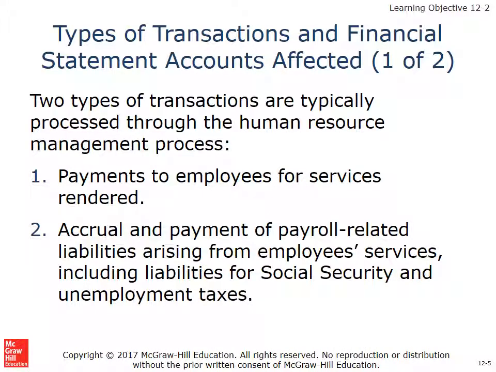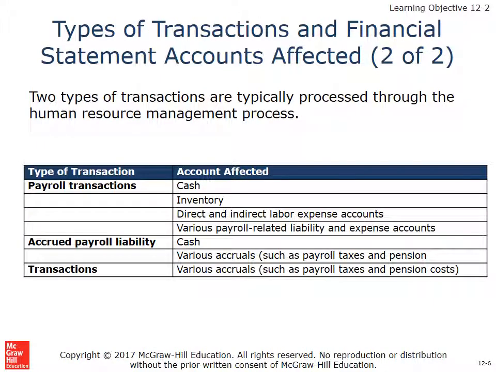So the types of transactions that we're focusing on here are payments to employees for services rendered and any accrual and payment of payroll-related liabilities such as Social Security and unemployment taxes. There's various documents that are and will be part of the process, but first let's take a look at the accounts that are involved. In the payroll transactions themselves, you have the cash account.